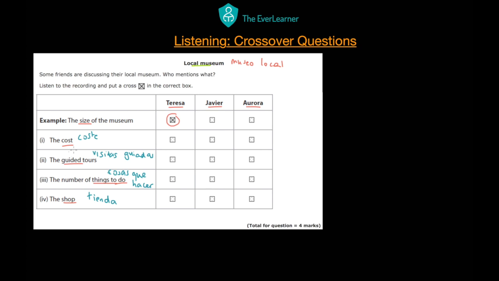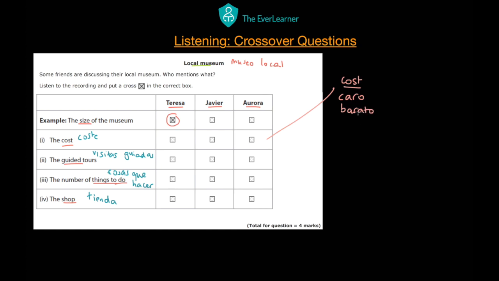All right, so let's have a look for coste. If someone is talking about the cost, what other things might they mention? They might mention words like caro, expensive, barato, cheap.